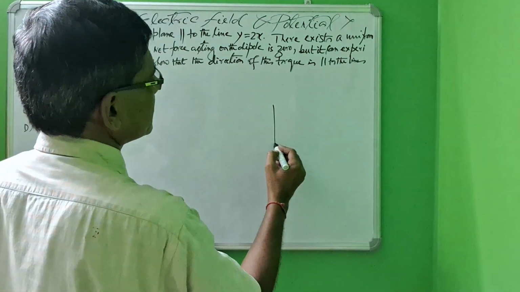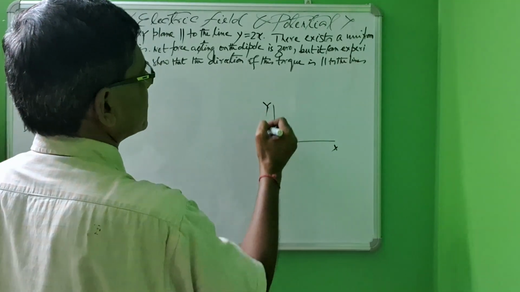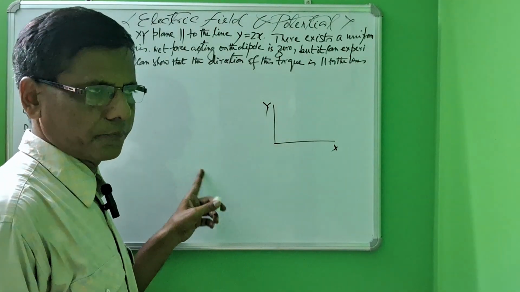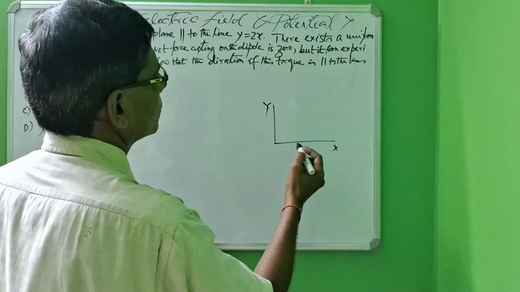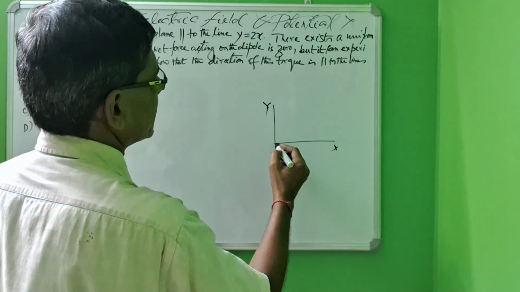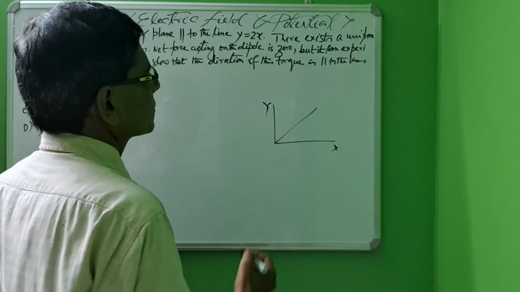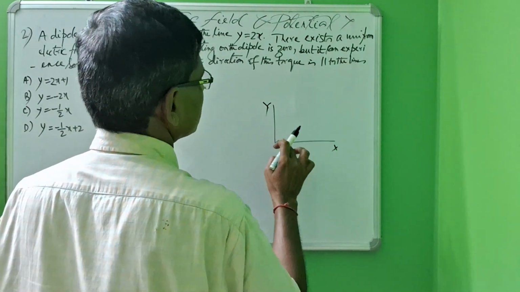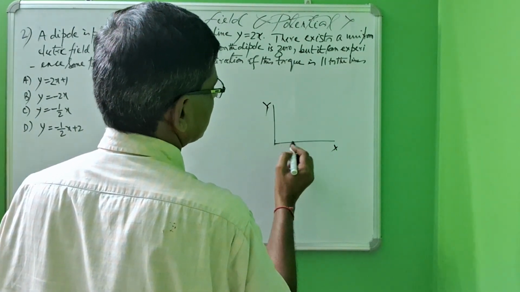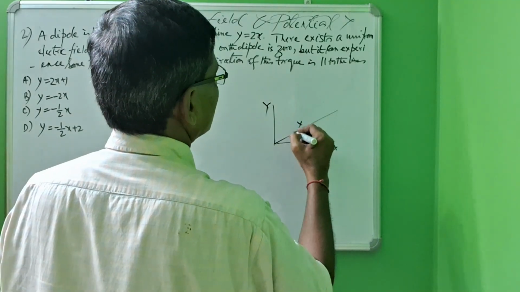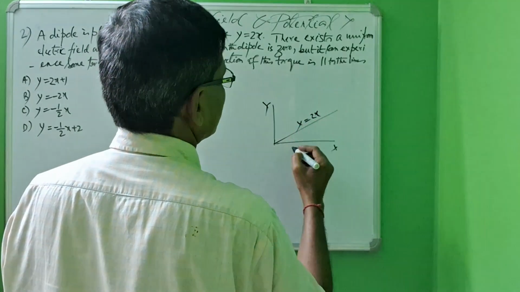So this is the X axis, this is the Y axis. So Y equals twice X.